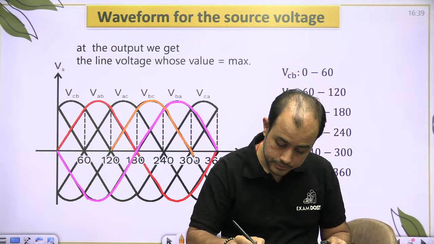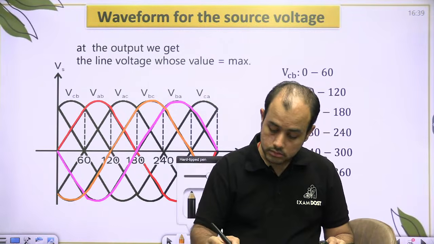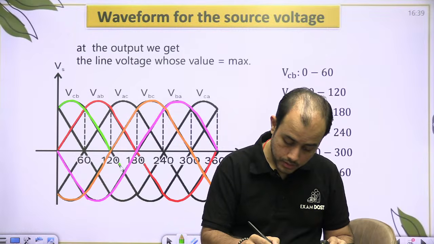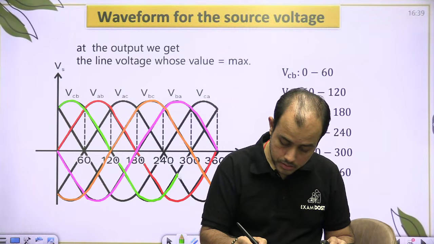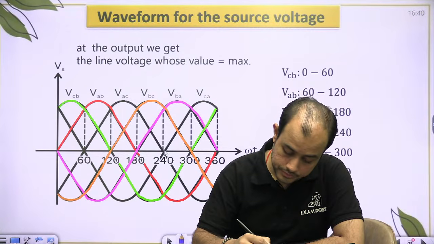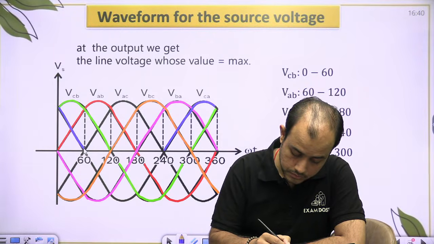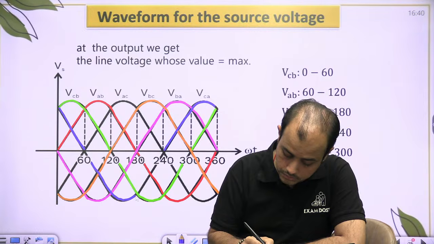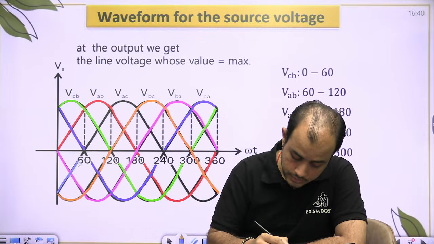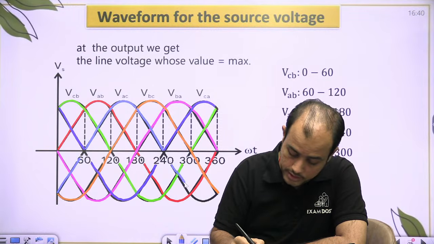This is VBC. Then opposite of this is VCB. So that way beta I have 6 line voltages.